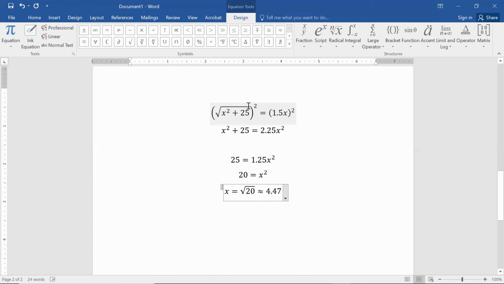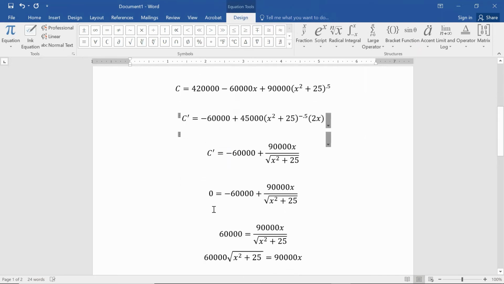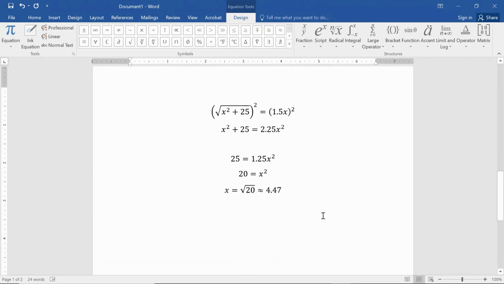So that's a long solving process, but it comes down to the fact that we can take a derivative, set that derivative equal to 0, and solve this equation to find a critical value. That critical value comes to be square root of 20.